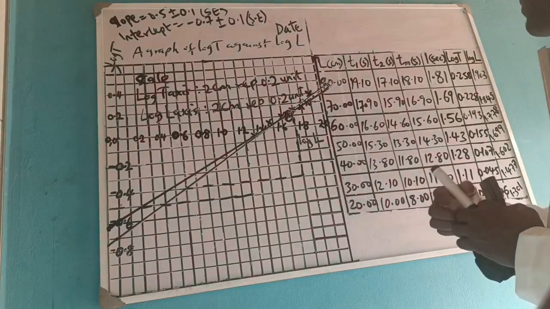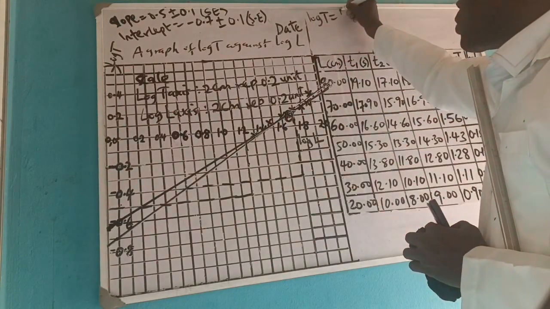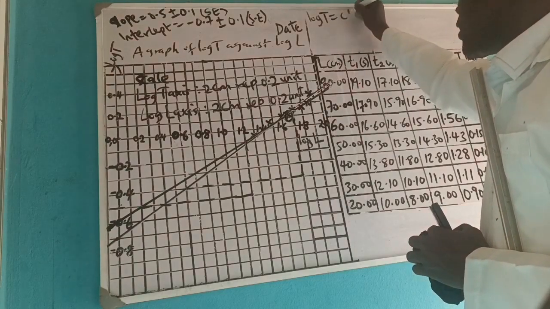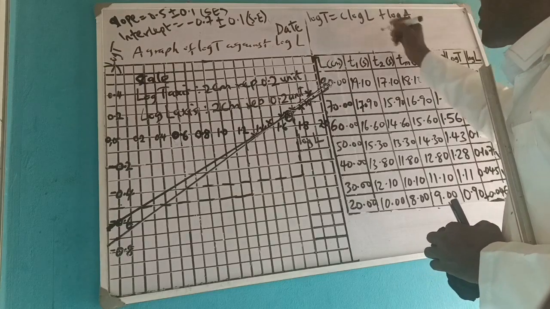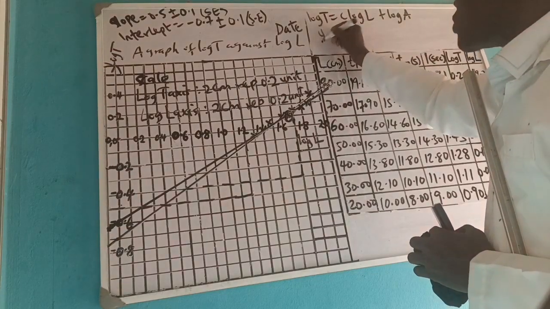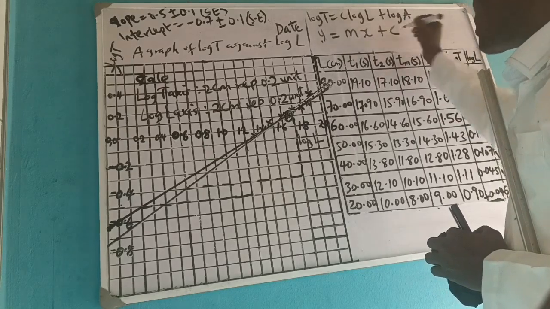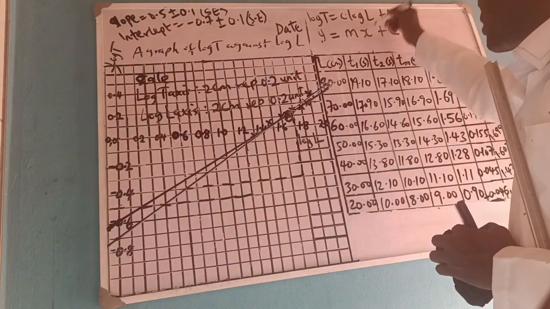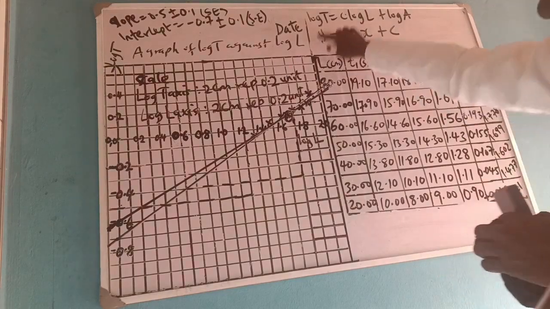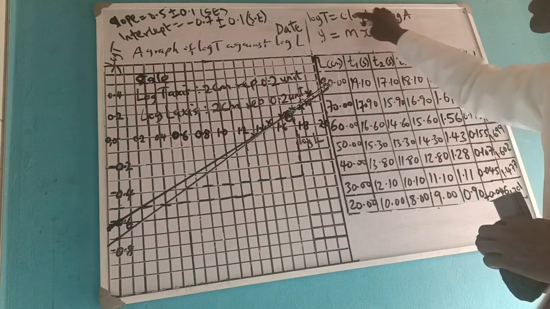When we talk about log T equals C log L plus log A, the implication is that when you compare it with y equals mx plus c, m becomes your slope, because when you plot y against x, m will become your slope. So when you plot log T against log L, C becomes your slope.